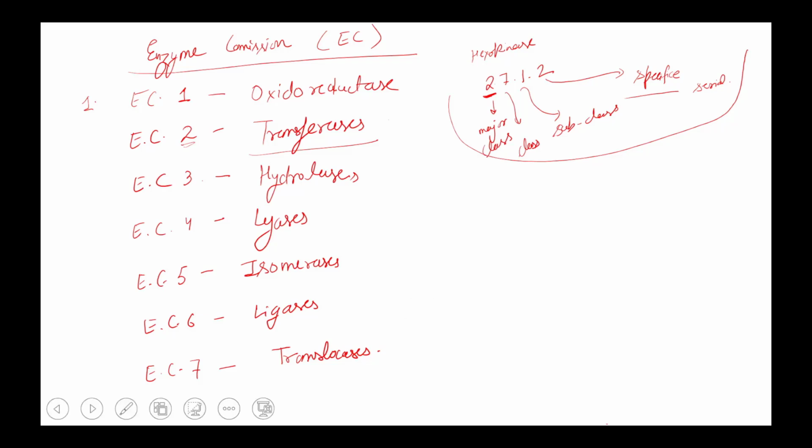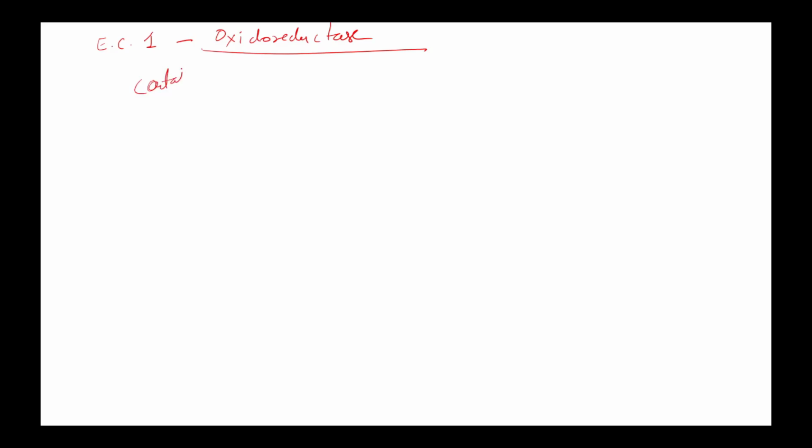Here we'll start talking about the major classes and the type of reaction being catalyzed. So EC1, which is oxidoreductase. As the name suggests, oxidoreductases catalyze oxidation and reduction reactions.